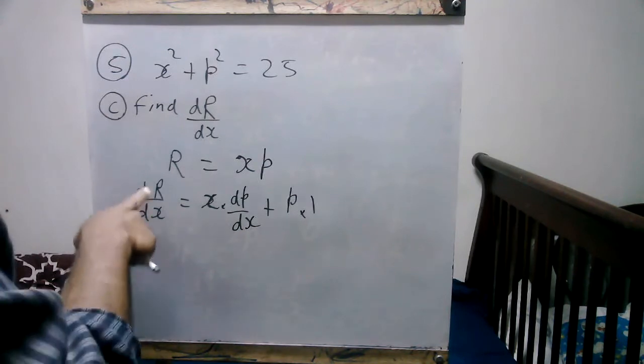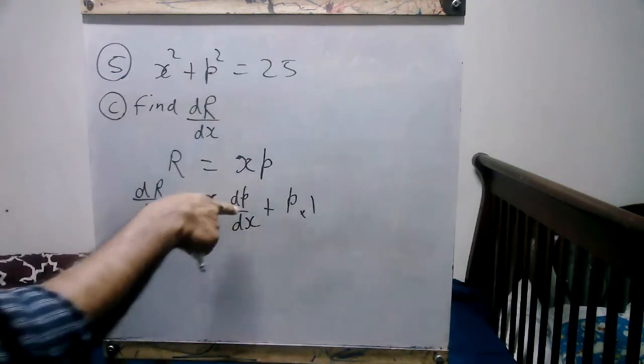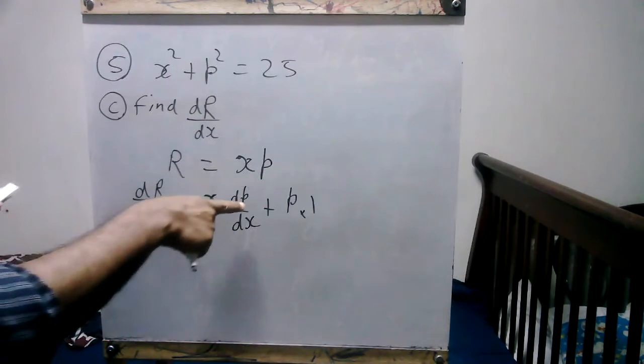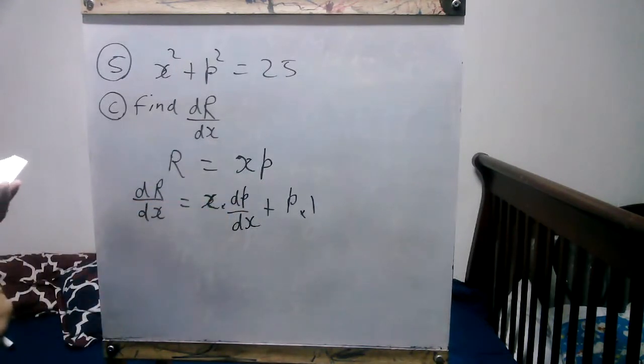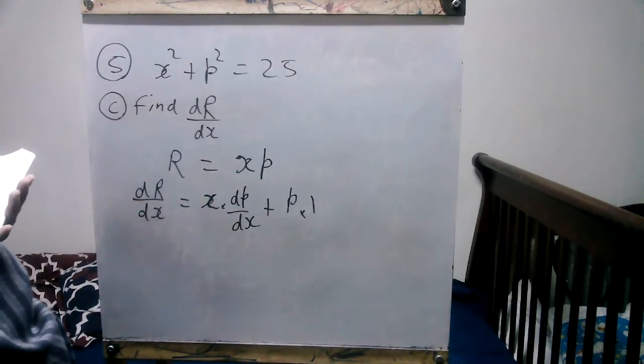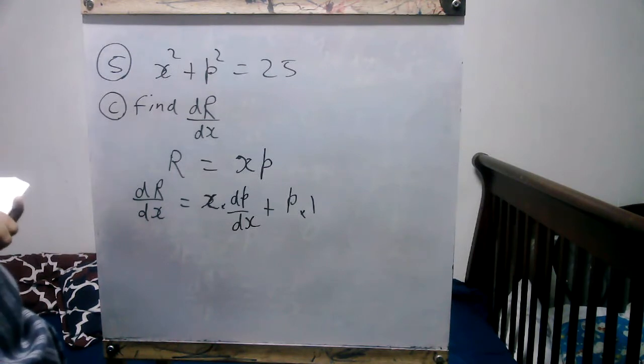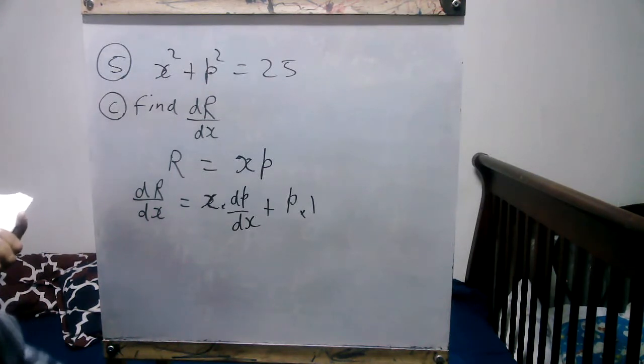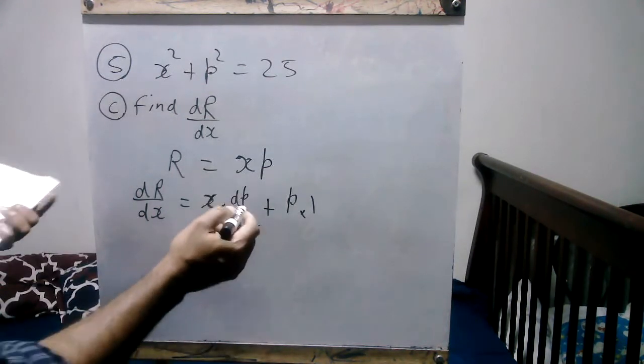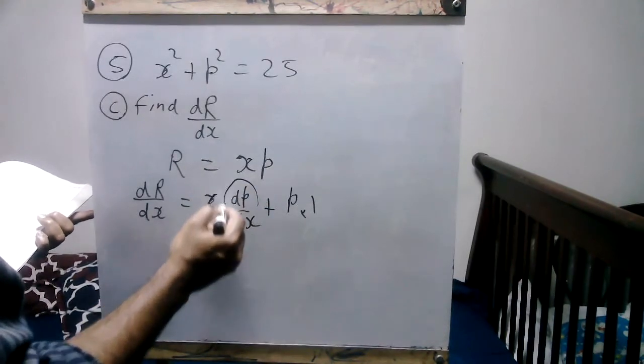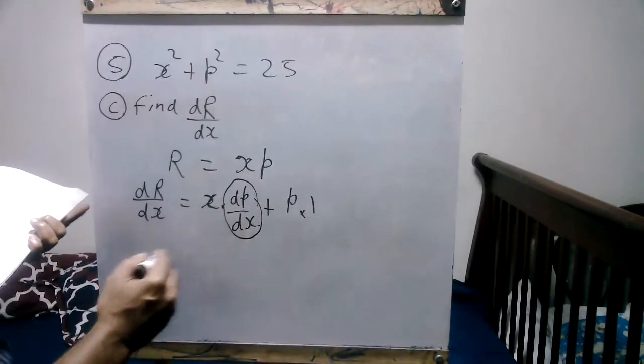Now this is dR/dx. In the previous part we found dp/dx is negative x over p. Substitute for this part.